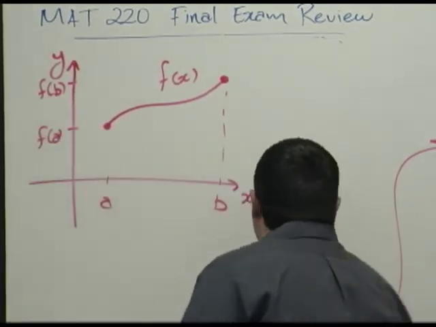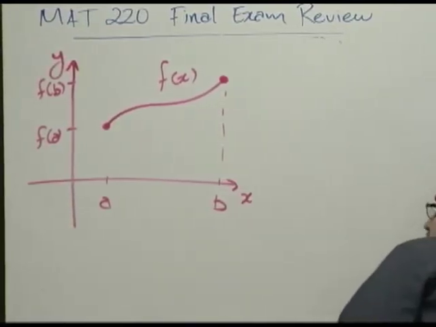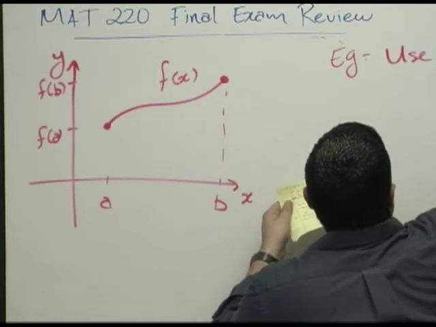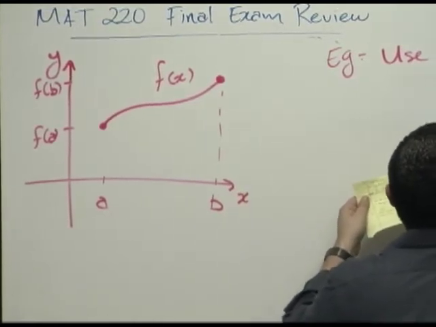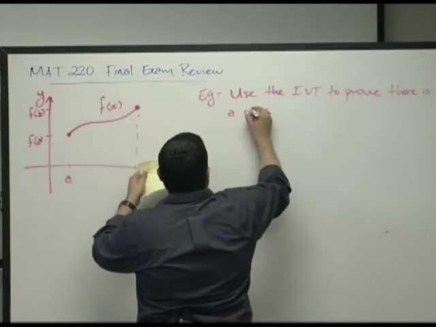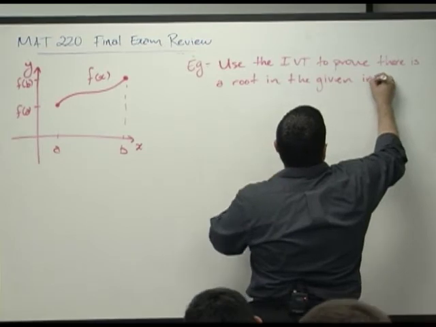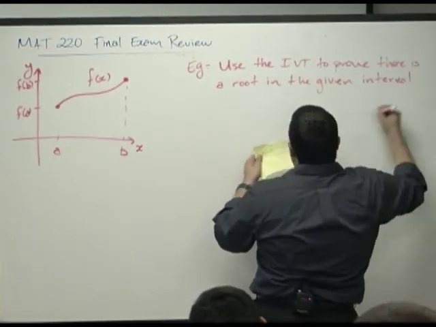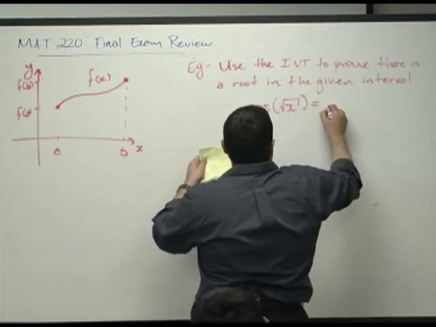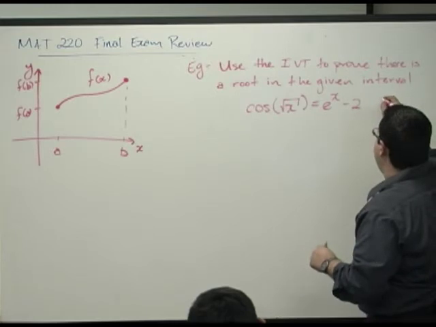So you will be given an equation, say something like the cosine of the square root of x is equal to e to the x minus 2, and you had to prove that there is a root in the interval from 0 to 1, for example.